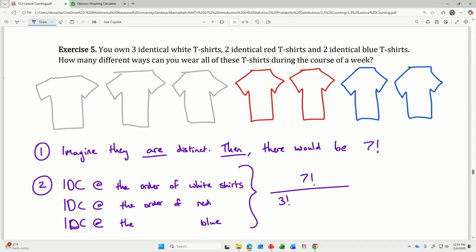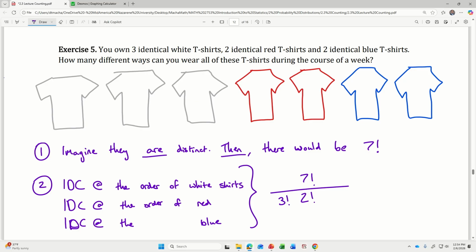Then we're also going to divide by 2 factorial because, again, among this set of 7 factorial different permutations, there's 2 factorial of them that are exactly the same, but differ only in the order of the red shirts. And I can't tell the difference between those 2 permutations.